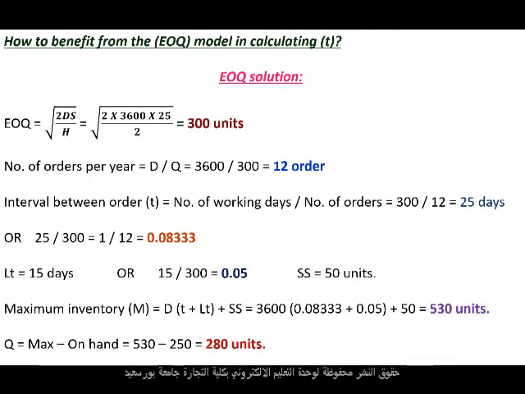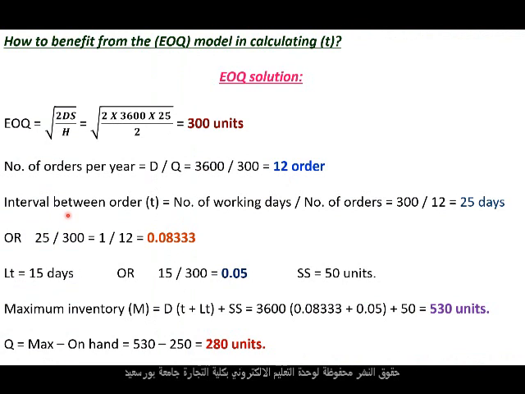How to benefit from EOQ? As you can see from this exercise, EOQ equals the square root of 2DS over H. The answer will be 300 units. This means you should buy 300 units each time. Number of orders per year is D over Q, 3,600 over 300, which is 12 orders.